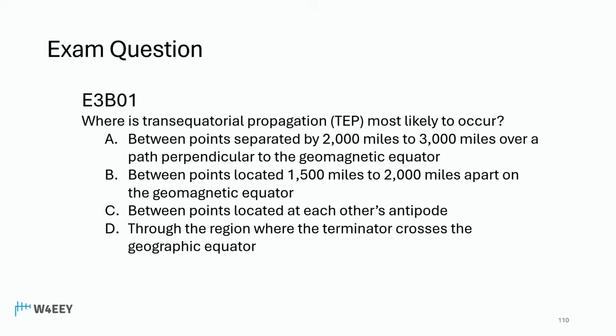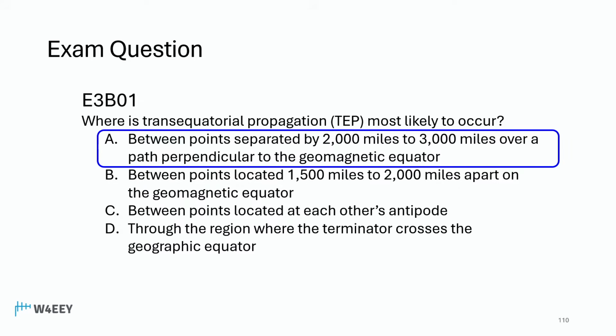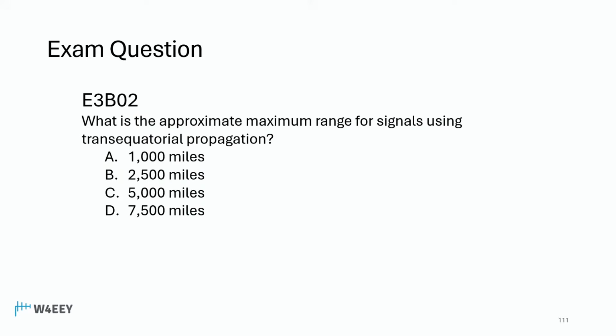What is trans-equatorial propagation? When is, or where is it most likely to occur? I'll get it right one of these times. Alpha, between points separated by 2,000 to 3,000 miles over a path perpendicular to the geomagnetic equator. What is the approximate maximum range for TE?